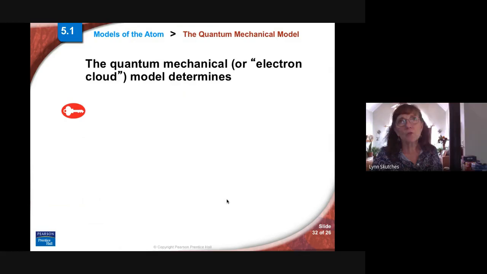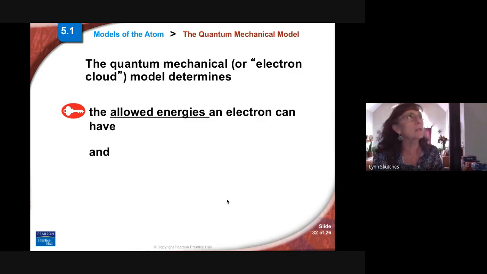Most of us can visualize what a cloud is, and in that region of space around the nucleus, the electrons are zipping around. They're not on a fixed path. There's no way to predict it. We can't know where it's going to be from one second to the next. We know where it should be most of the time, but no guarantees.